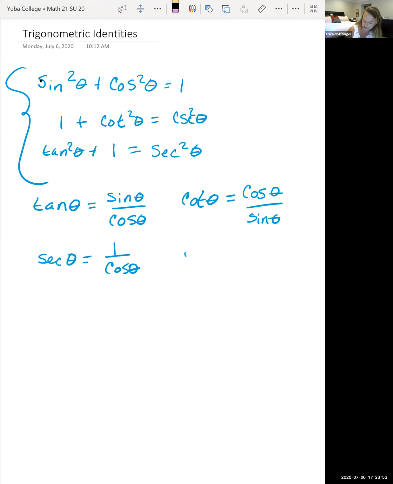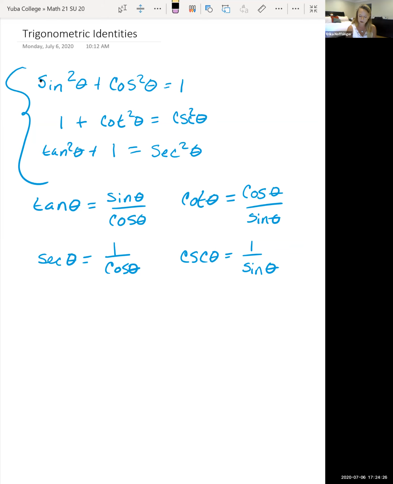And cosecant theta is 1 over sine theta. And we also discussed that a lot of times if we know cosine and sine values, then we can figure out the other ones because all of our other trigonometric functions are in terms of sine and cosine. So those were the most important ones to definitely memorize with your special angles and quadrantal angles.